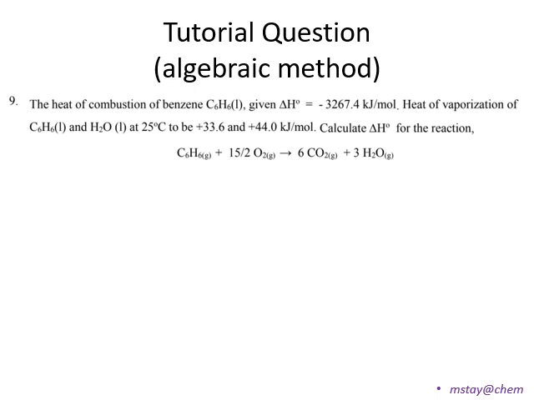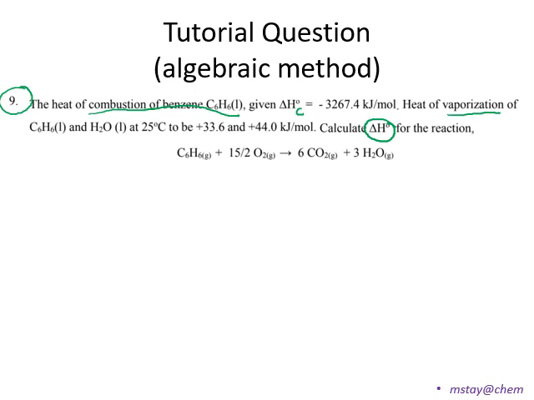Now let's look at tutorial question number 9. The heat of combustion of benzene, so this one is combustion, is negative 3267.4 kilojoules per mole. Heat of vaporization is given for C6H6 and also H2O. The question again asks us to calculate the enthalpy change.